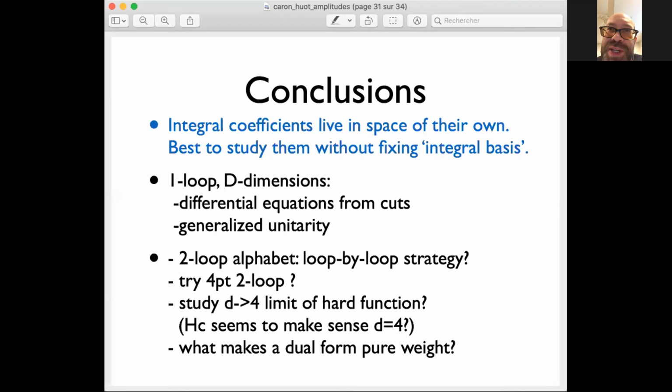What do you see the prospects being for higher loops with the differential equation approach? Maybe I can make it more concrete: would you be able to realize, for example, Roman Lee's construction, where he would say that in any dimension, you can either get an epsilon form or an epsilon plus 1/2 form?